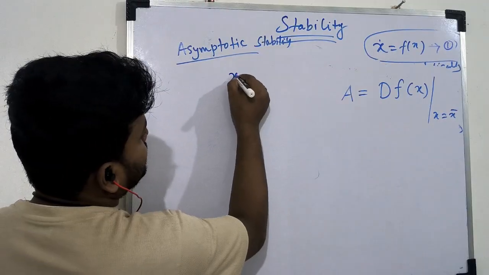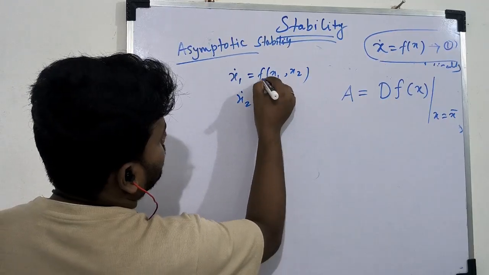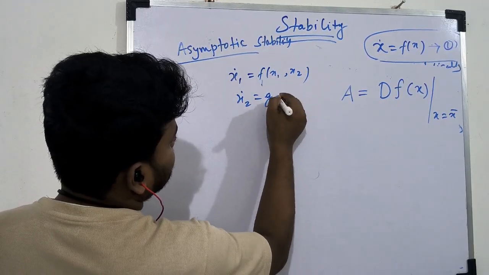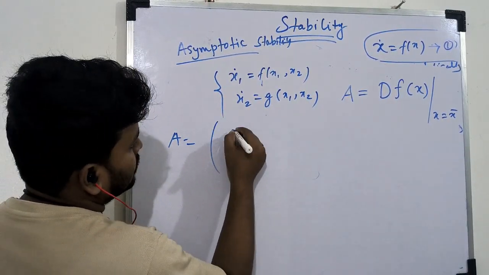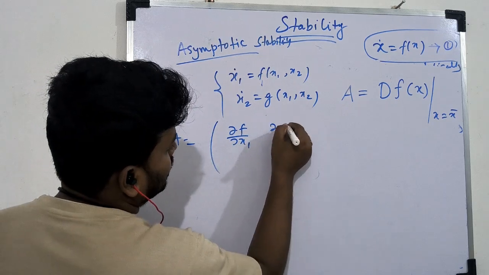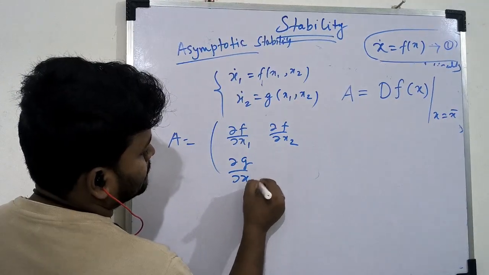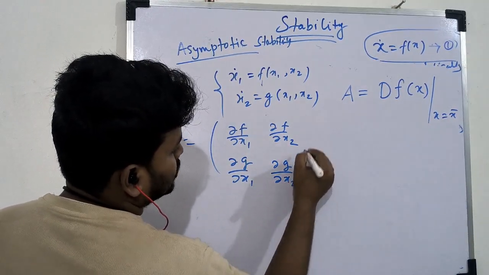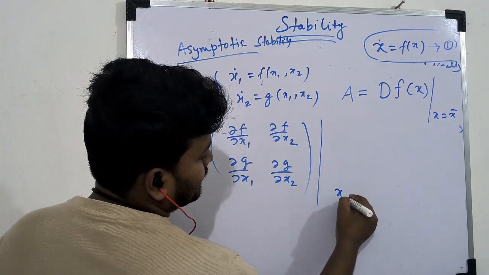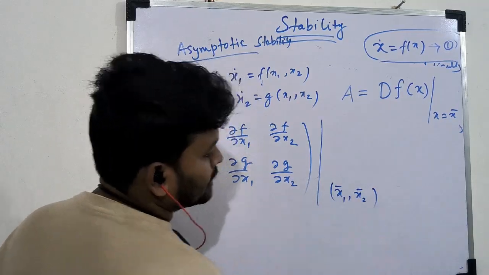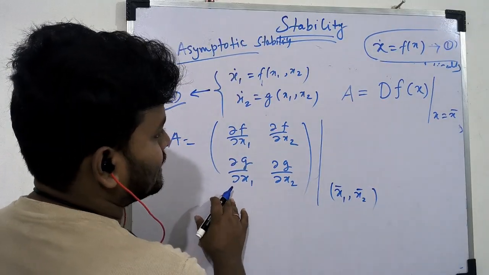Jacobian matrix means, in this system x1 dot equal to f(x1, x2) and x2 dot equal to g(x1, x2), the Jacobian matrix will have a first row of del f del x1, del f del x2, and a second row of del g del x1, del g del x2, evaluated at the equilibrium point of this 2D dynamical system.